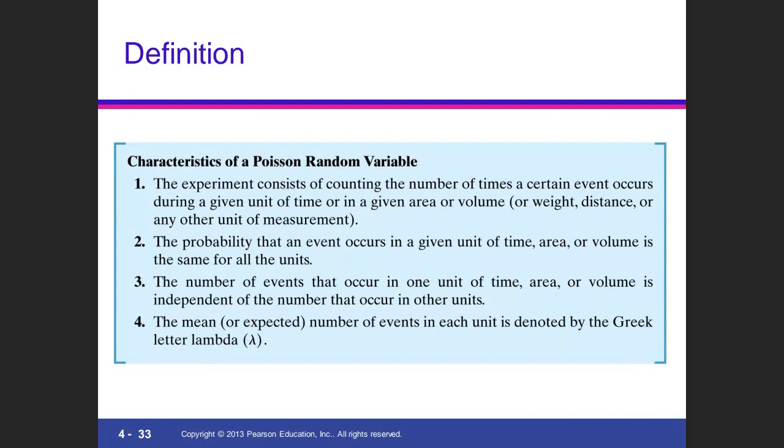The mean or expected number of events in each unit is denoted by the Greek letter lambda. Those are the conditions for Poisson.